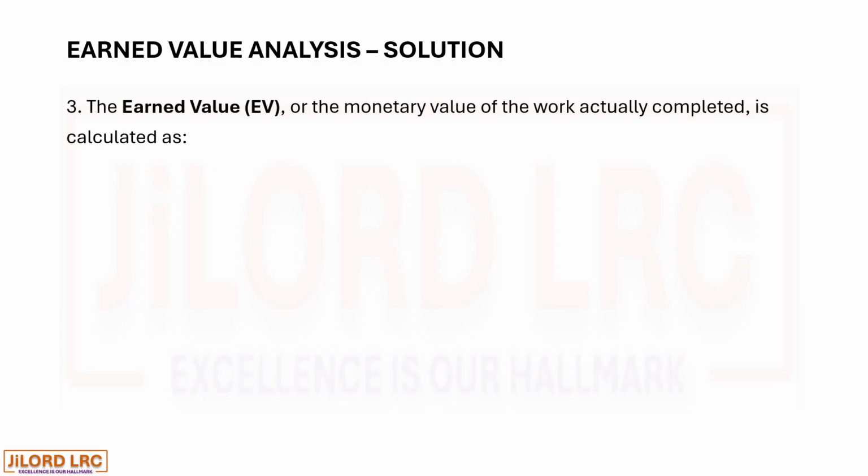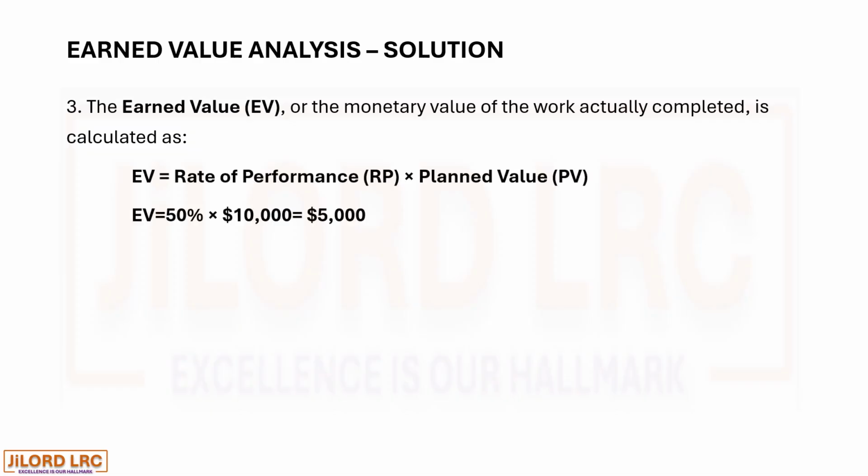Solution continues. The end value, EV, or the monetary value of the work actually completed, is calculated as the rate of performance times the planned value. So that is 50% times 10,000, giving us $5,000.